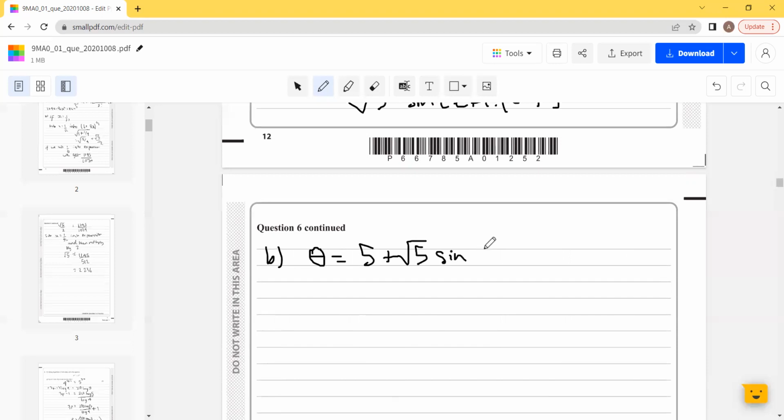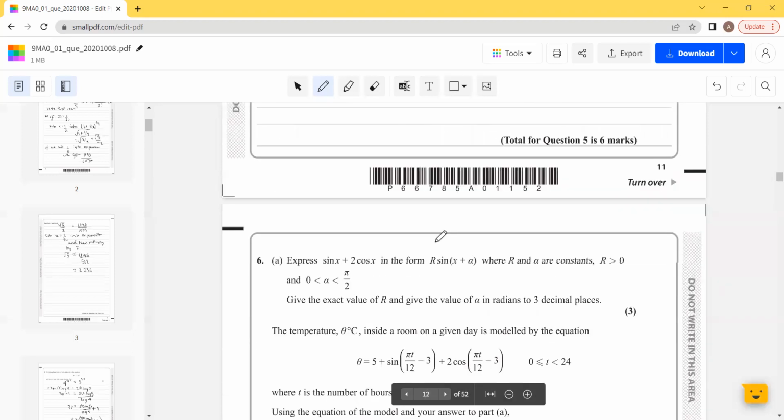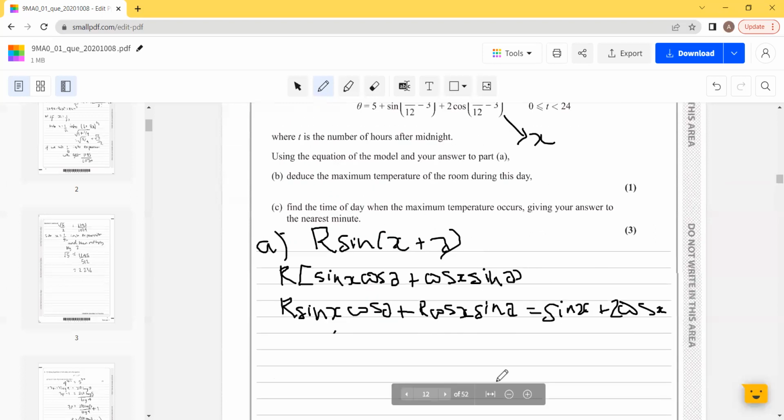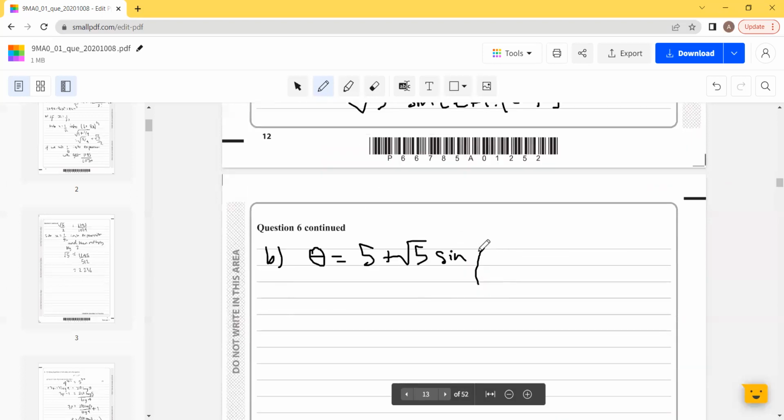Now this term over here, pi t over 12 minus 3, is basically our x. So our x has just become pi t over 12 minus 3. So it's 5 plus root 5 sine pi t over 12 minus 3, but we still have to add on the 1.107. We still have to add that on.